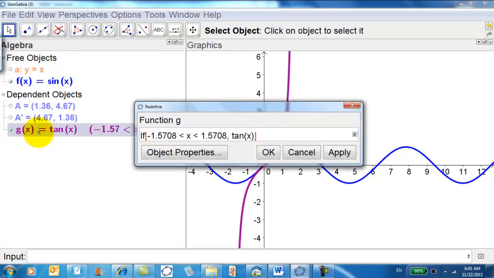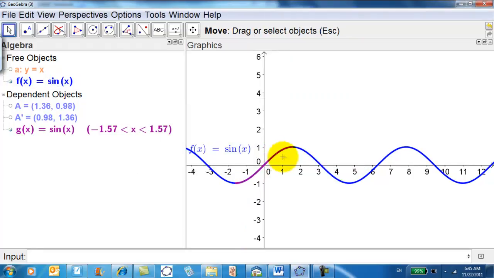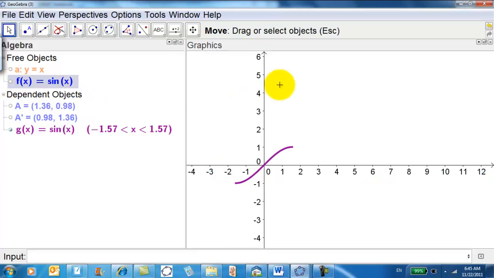Let's try the same restriction we tried before, and that is from negative pi over 2 to pi over 2. Now, technically, we can change this a little bit and say less than or equal to. I've got to do that in a different menu. So sure enough, by going from negative pi over 2 to pi over 2, we've restricted the sine so that now it's an invertible function.